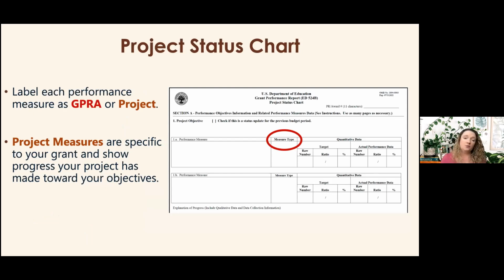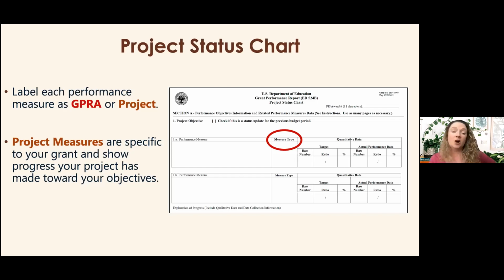So you're going to be reporting on two different types of measures, GEPRA and project. GEPRA measures are the same for everybody. It's the 8 measures, and we'll review them, that every single one of you have to report on. Project measures are the project objectives that you've set specific to what you're doing in your project.